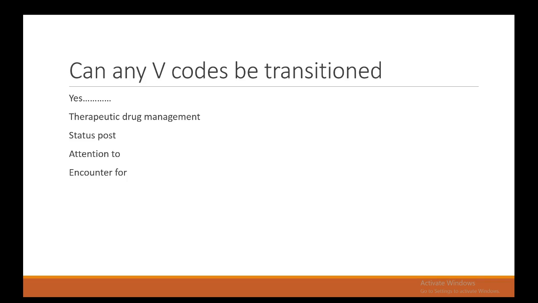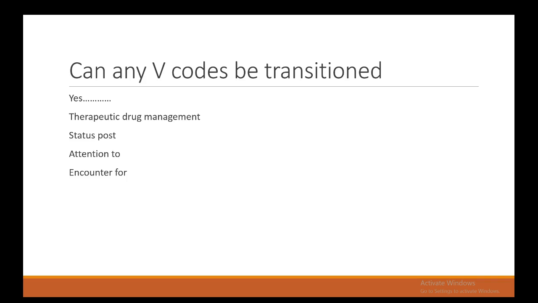Do not transition the trauma codes over. Remember those fracture codes? Do not transition those codes over. Those aftercare for fracture codes, don't transition those codes over. You're not going to be in proper coding compliance if you do that. But these V codes, yes, V codes can be transitioned over.